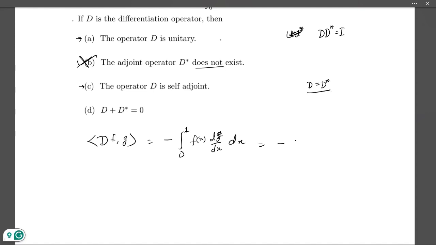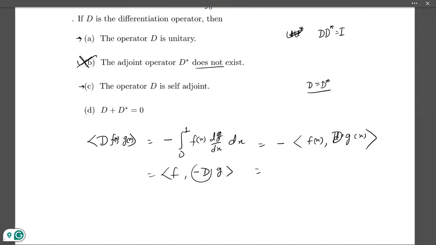But this is nothing but minus of x. I should write just f for clarity. Minus of x in a product with dg by dx means just dg. So this is f minus dg.